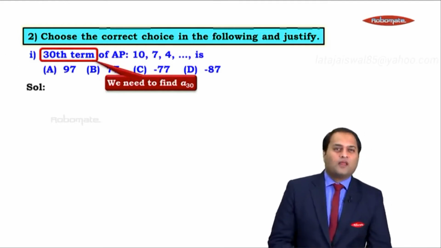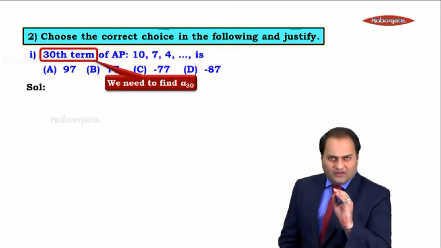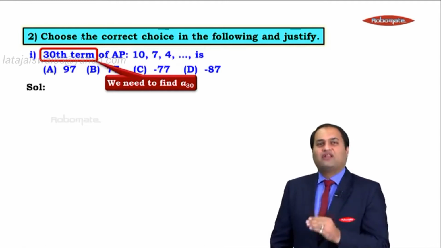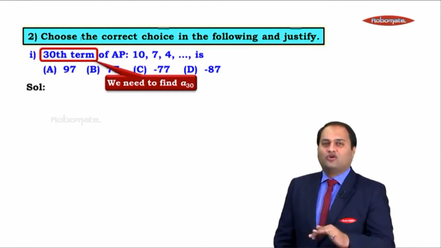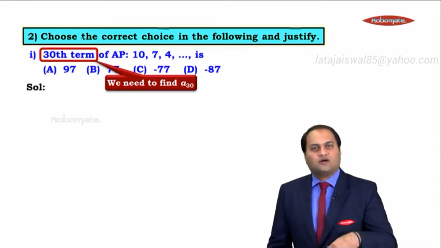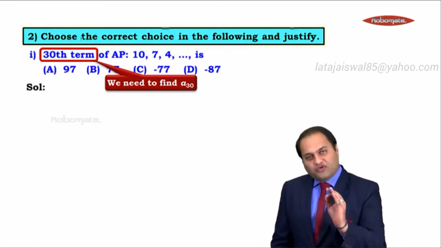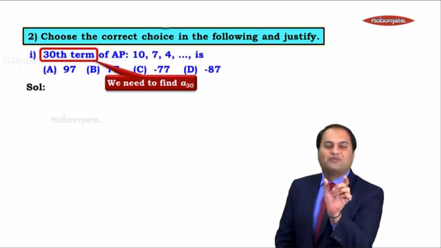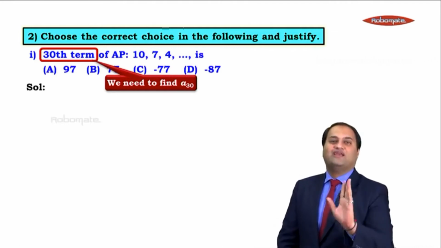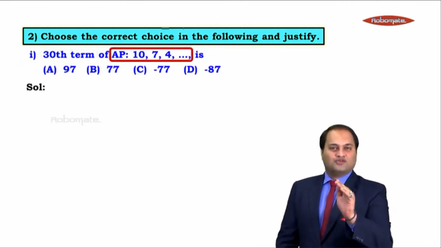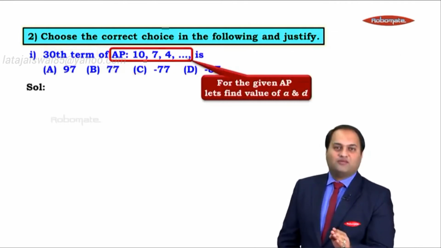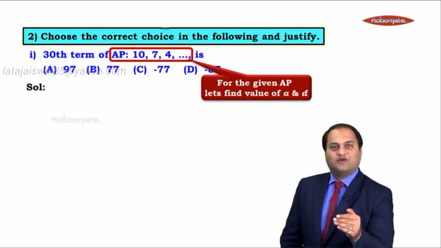Always remember one thing. In such type of sums, whenever an AP is given to you and you are supposed to find the 30th term or whatever term, the first thing you do is observe the AP and write the values of A and D, right? So A in this AP is nothing but the first term and D is nothing but the common difference.